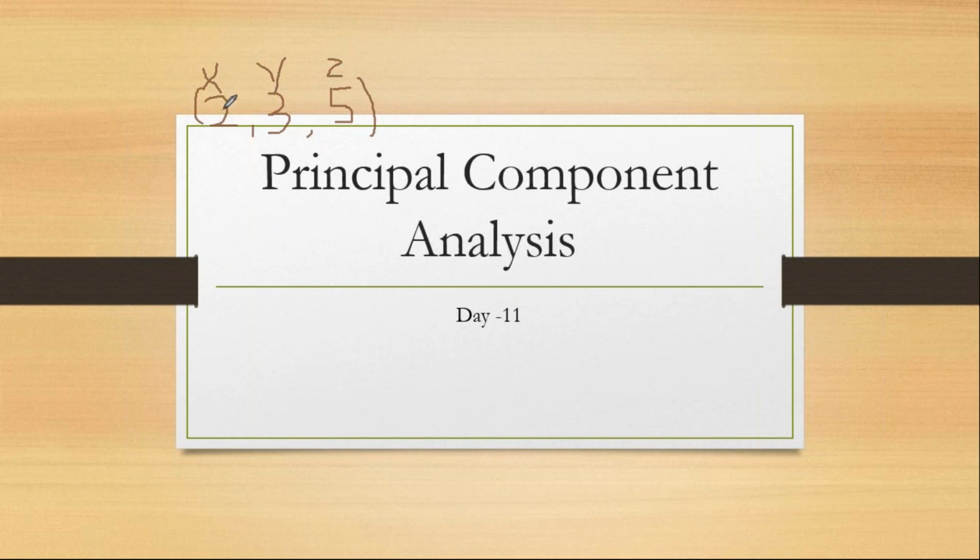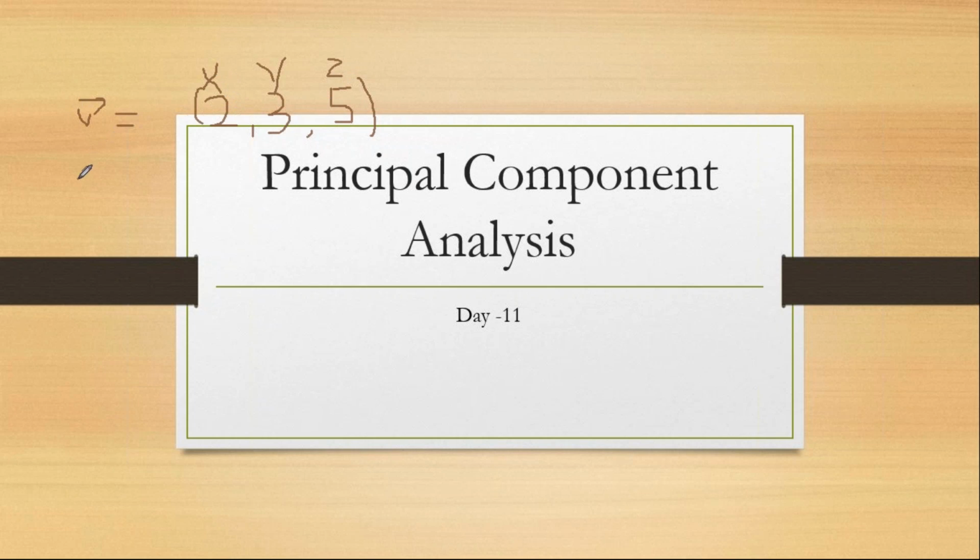In a way, these are three different variables for me, but I have put them into a single vector. Let's say my vector is v. Three different values are put into a single value, that is the vector value. This is what principal component mainly works with.